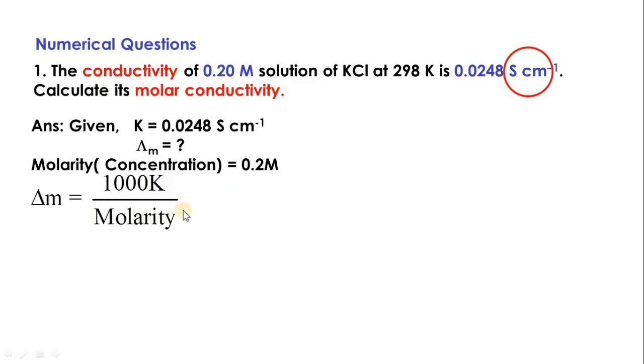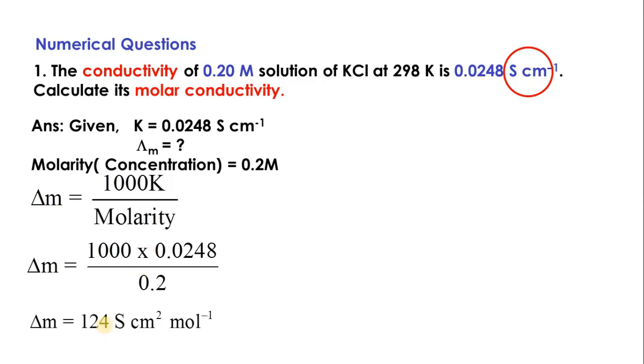So let us substitute the respective values. K value, that is 0.0248, and molarity 0.2. So when we do that and solve it, we end with the molar conductivity lambda m equal to 124 Siemens centimeter square mole inverse.